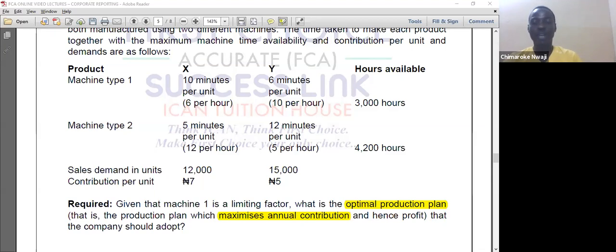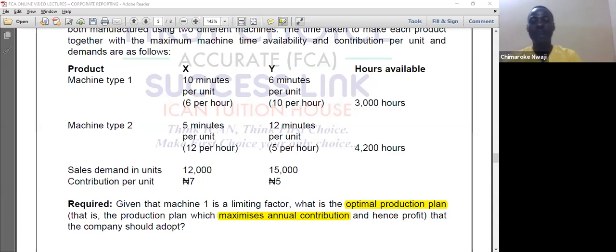X is ranked second, and the most of X that can be sold is 12,000, and this will need 2,000 hours. We are doing 6 per hour. All you need to do is divide 12,000 by 6 to get your 2,000. This means that only 9,000 can be made because we cannot do the whole 12,000, because what is remaining is 1,500 and not 2,000.